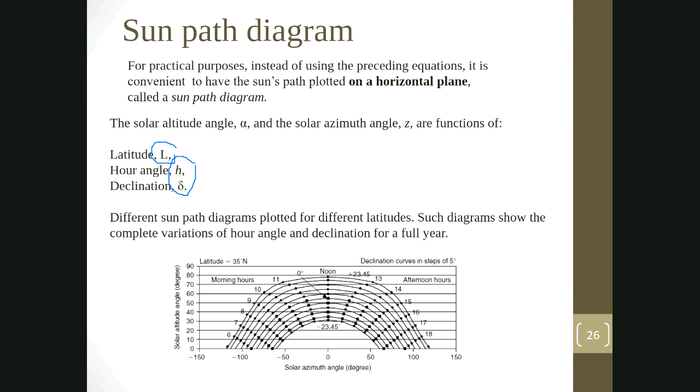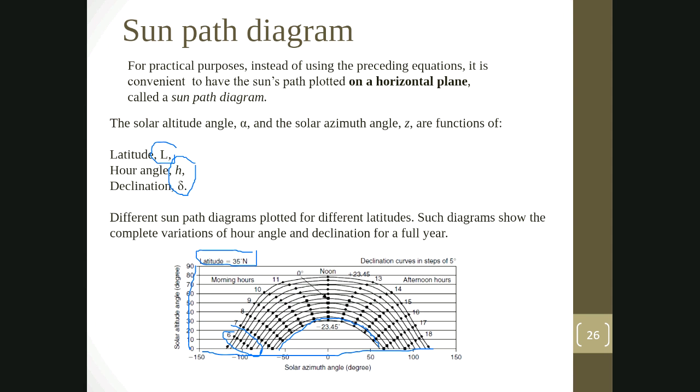So we draw the solar altitude and solar azimuth as functions of latitude.